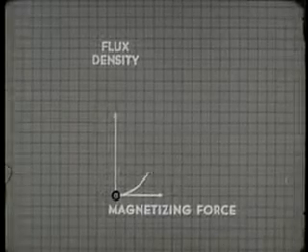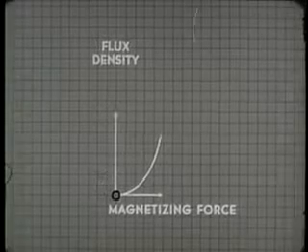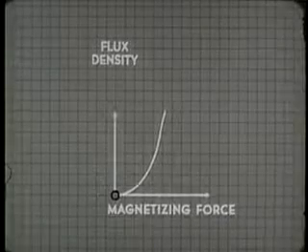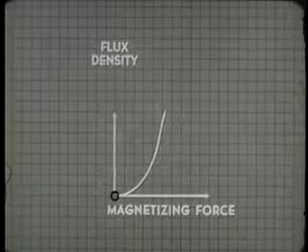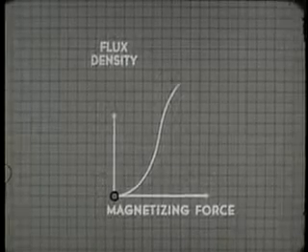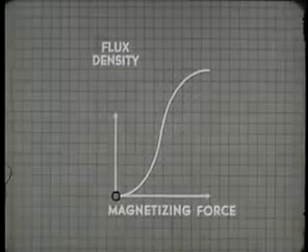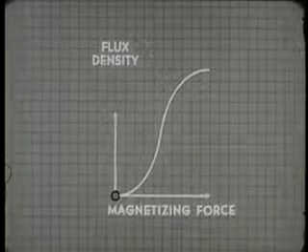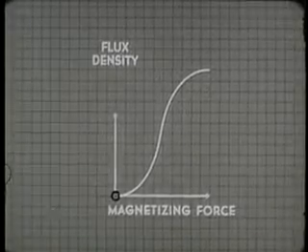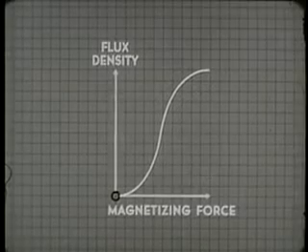The curve on the graph will begin like this. But as we increase the magnetizing force, the curve flattens out because we are adding proportionately less to the flux density. Further increases in magnetizing force will have no appreciable effect on flux density.